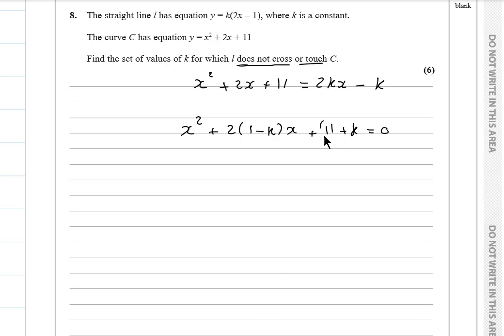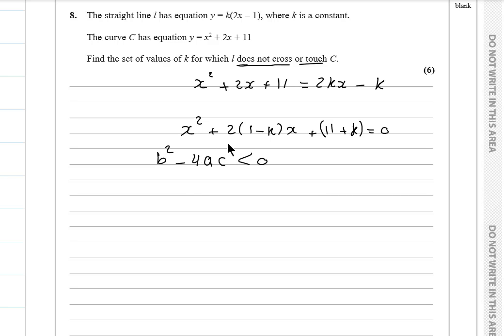In this equation, a here is 1, b is 2 multiplied by the bracket 1 minus k, and c is 11 plus k. And of course we should apply the rule which says that the discriminant should be less than 0, because we don't have any point of intersection between the line and the curve, right?